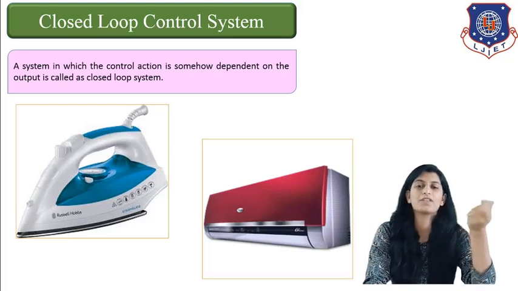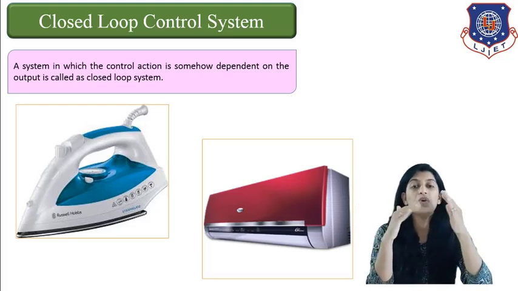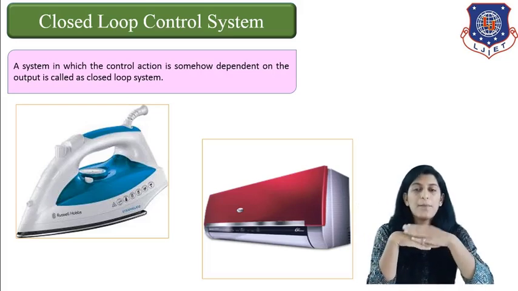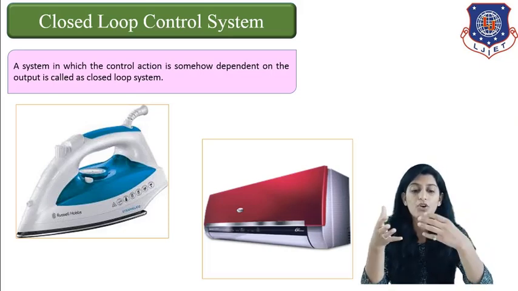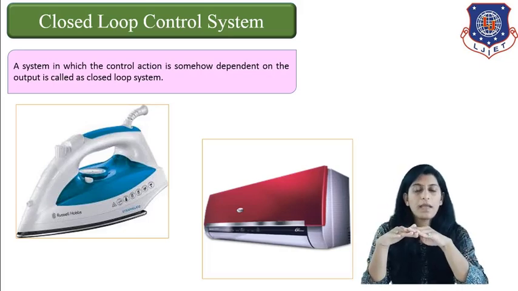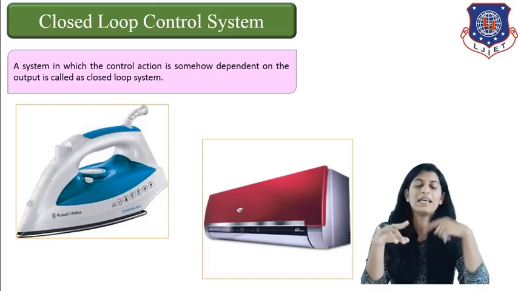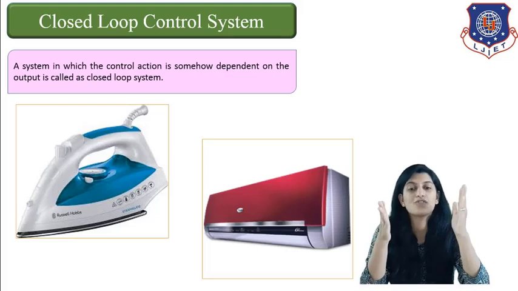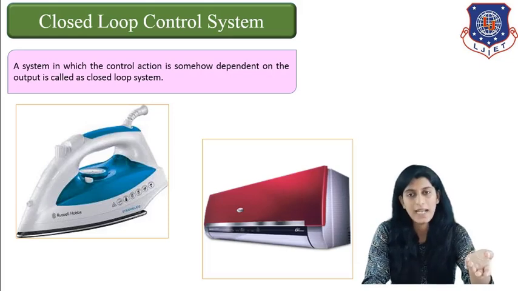Suppose we are setting a temperature of 24 degrees. The air conditioner will reduce the temperature of our room to 24 degrees, and once it achieves that temperature, it will cut off the power supply or just switch off, right? Again, when it senses that the temperature is rising above 24 degrees, it starts working again to achieve that 24 degrees centigrade, whatever temperature you have set.